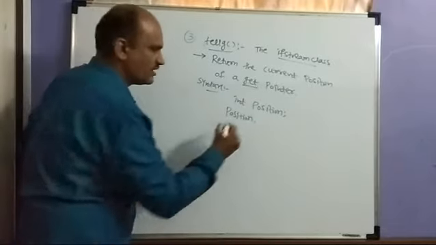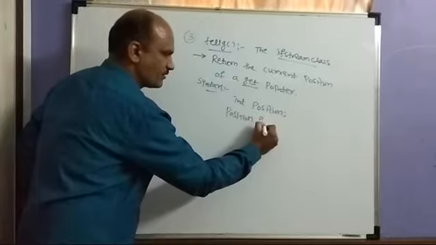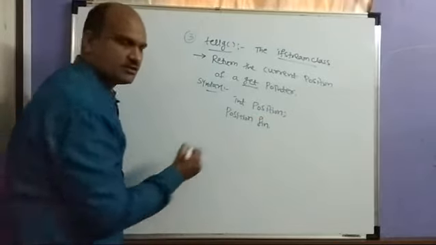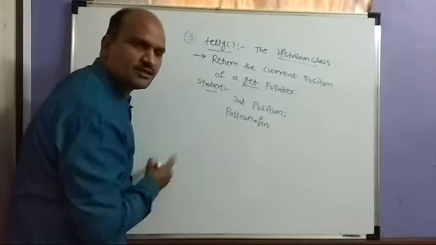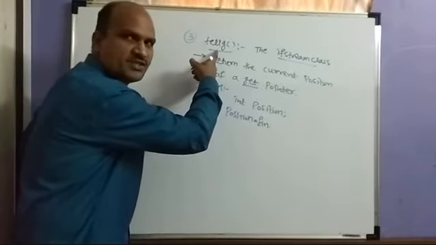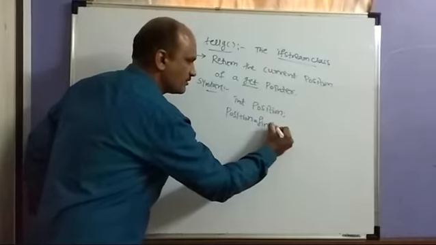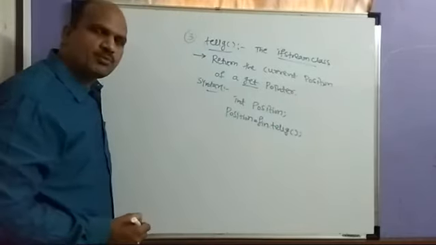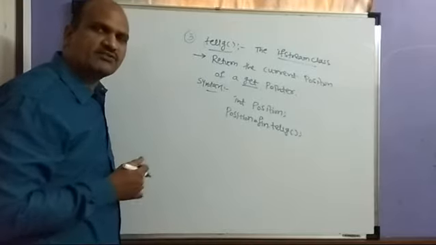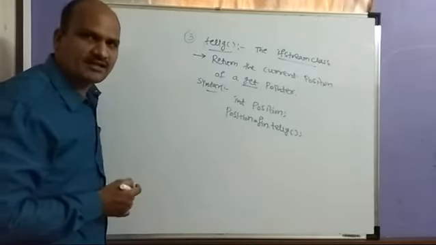As we are using fin, fin position is equal to fin dot tellg. This tellg gives you the current position. It returns the current position of a get pointer.